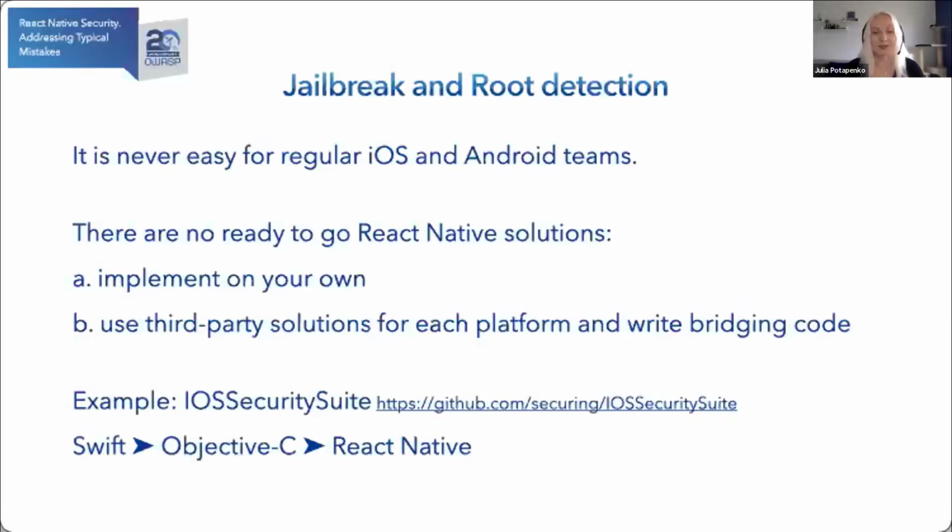But the problem here is that, okay, you have this library for iOS, it's written in Swift, but by default, React Native applications use Objective-C. So you write bridging from Swift to Objective-C, and then you write bridging from Objective-C to React Native. A lot of work, and it's just for one platform. It's just for iOS where we have such a nice library.